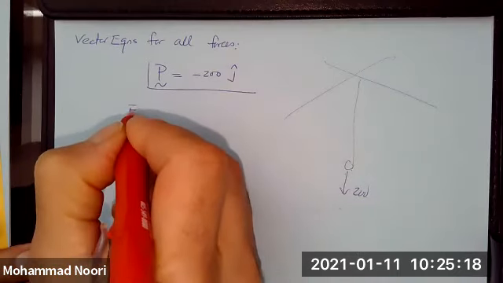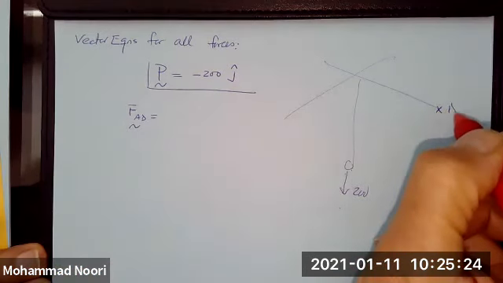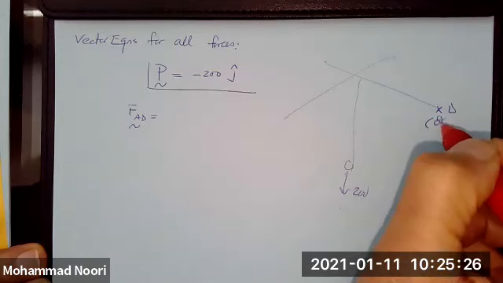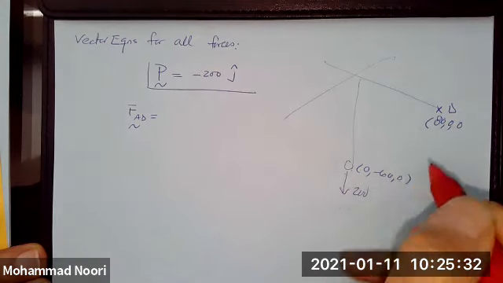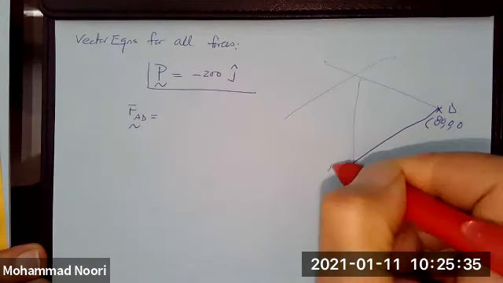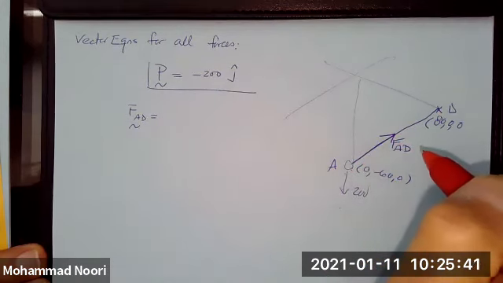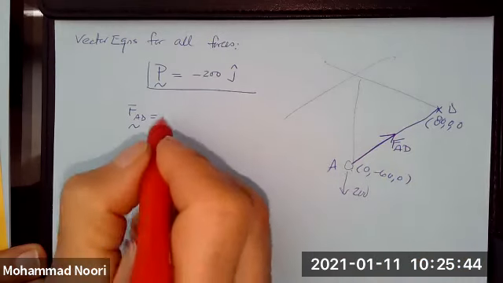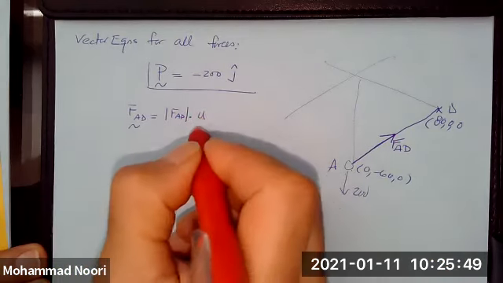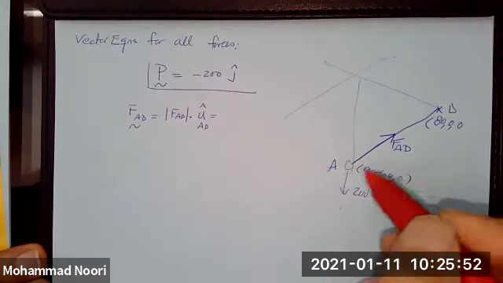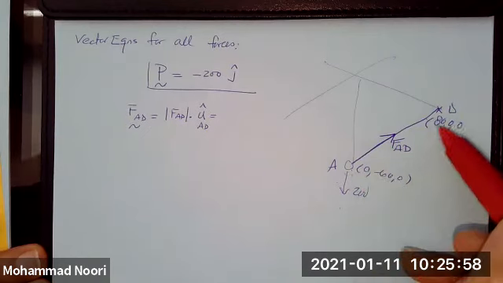How about the force in AD? This is point D, 80, 0, 0. This is 0, negative 60, 0. So this is the force AD. Force AD is the magnitude of the force AD times the unit vector of that direction. So what is the unit vector? Tip minus tail. We have all these coordinates, so that makes our life easier.